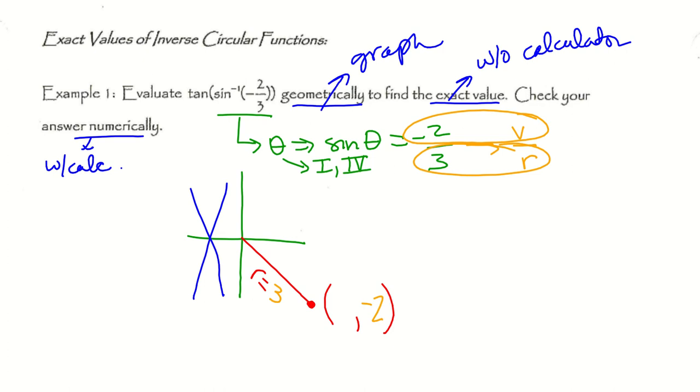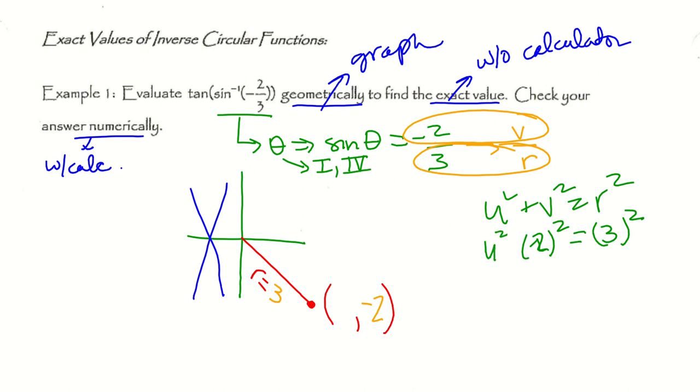Using that, we know that u squared plus v squared will equal r squared. So plugging in 3 for r and -2 for v, we can find u.